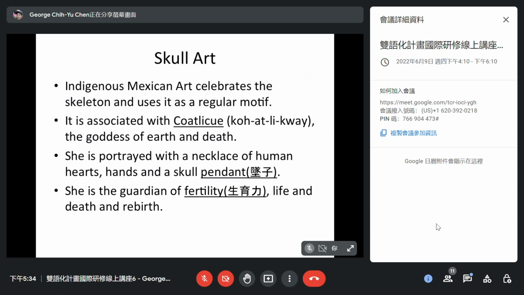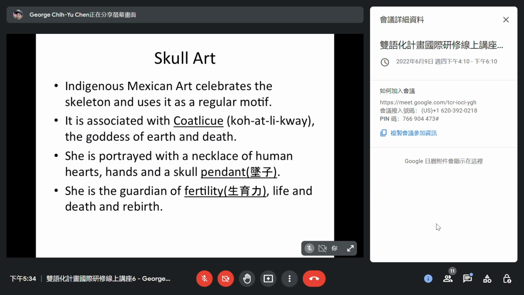This word came from the indigenous Mexican goddess. So I give you the pronunciation. 我给你它的发音方式。Coalique, the goddess of earth and death.